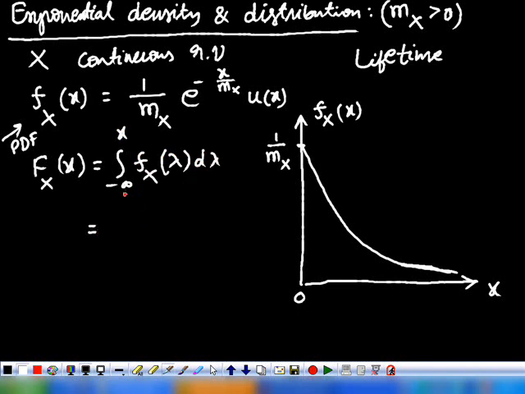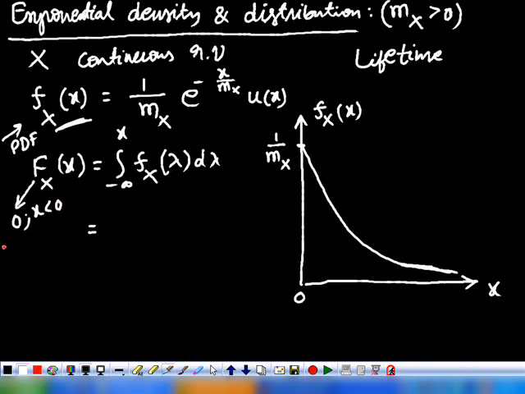So this can be 0 to x. Why? Because for x less than 0, this is 0. Fx, is it? For x less than 0, this is 0. Definitely Fx of x is also 0 for x less than 0.